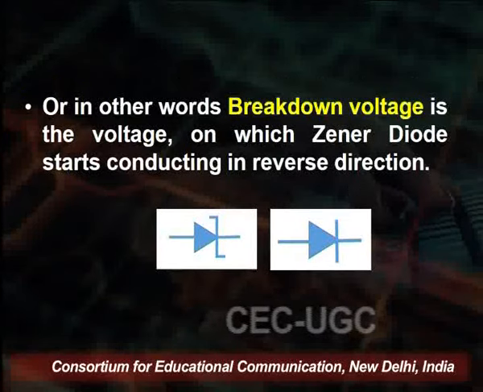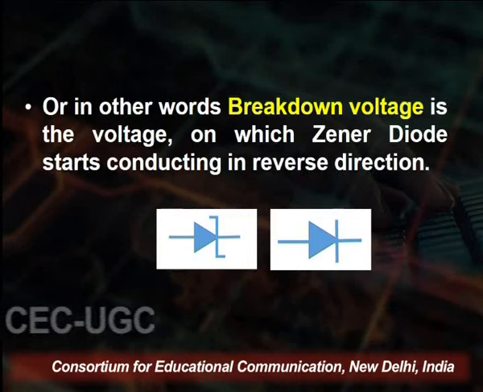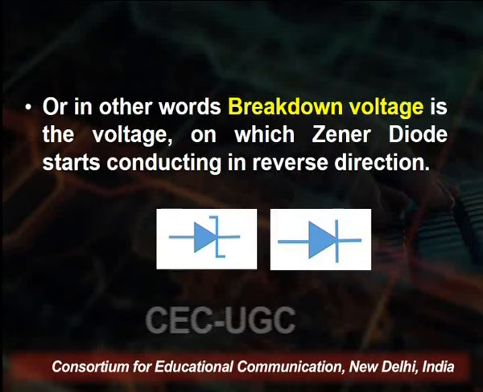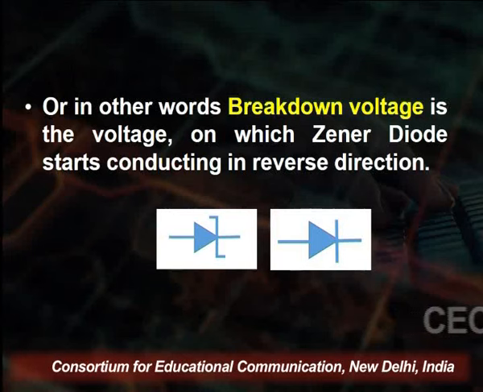In other words, breakdown voltage is the voltage at which the Zener diode starts conducting in the reverse direction.